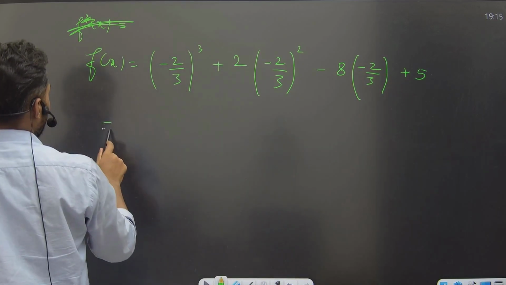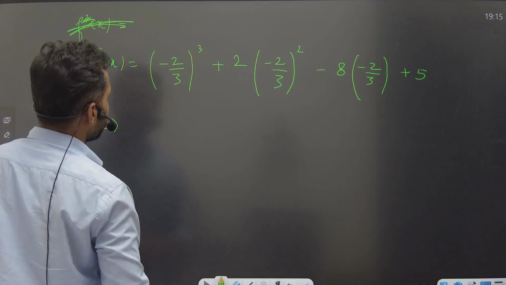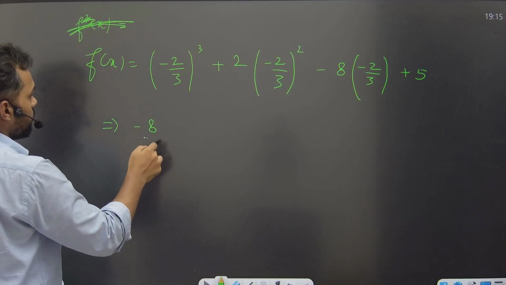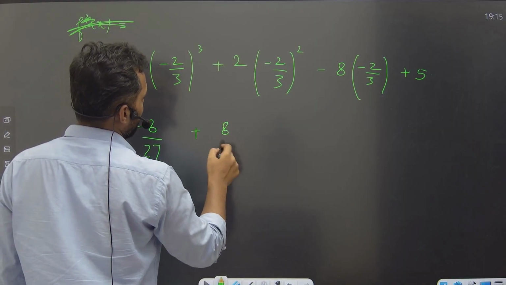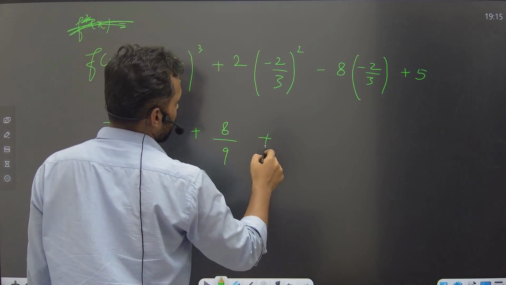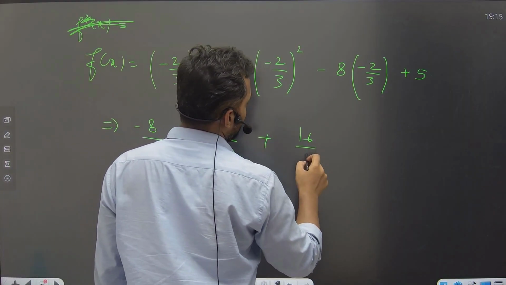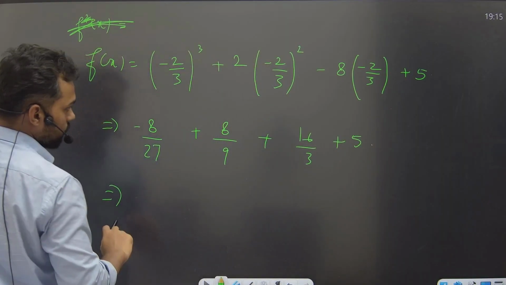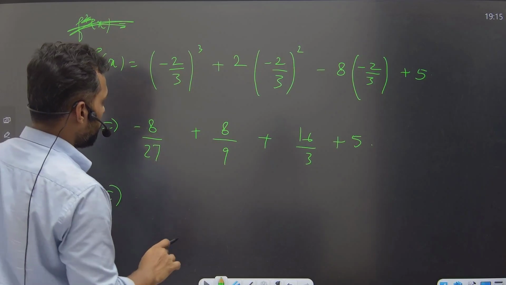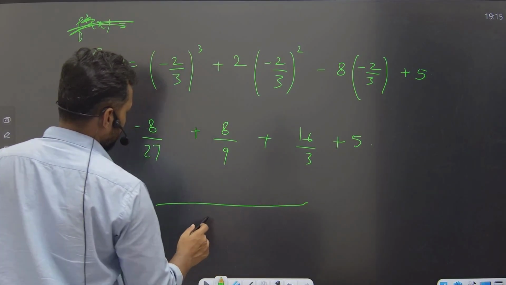So what is the value here, students? What value are we getting? We will be getting negative of 28 by 27 plus 8 by 9 plus 16 by 3 plus 5.